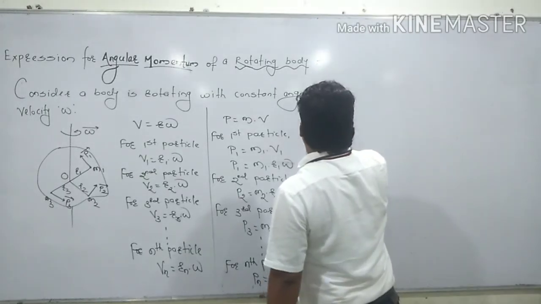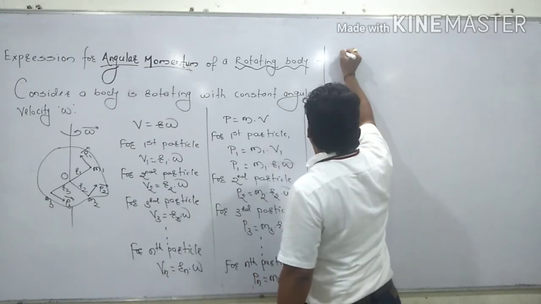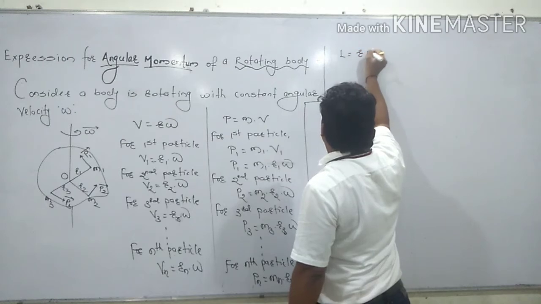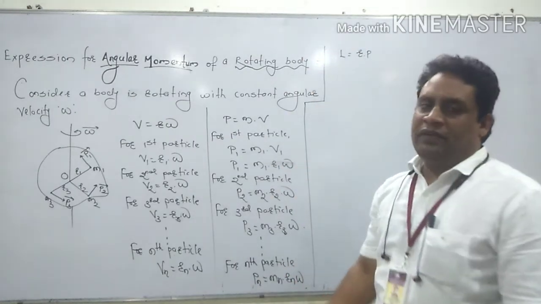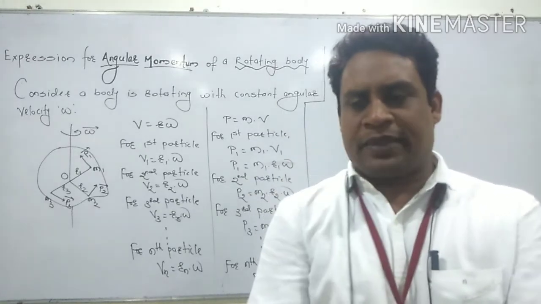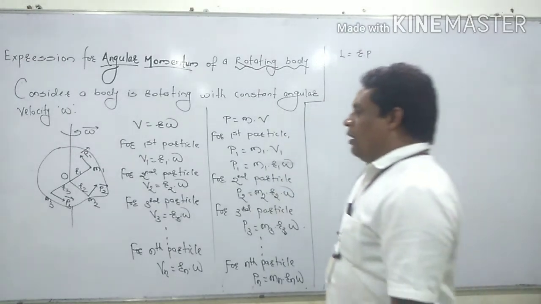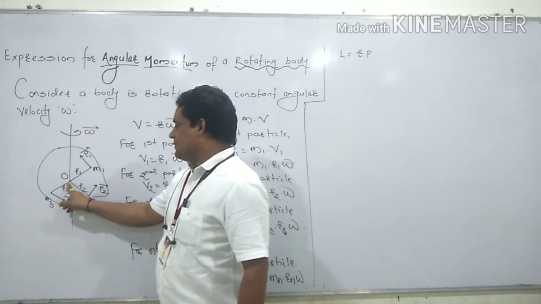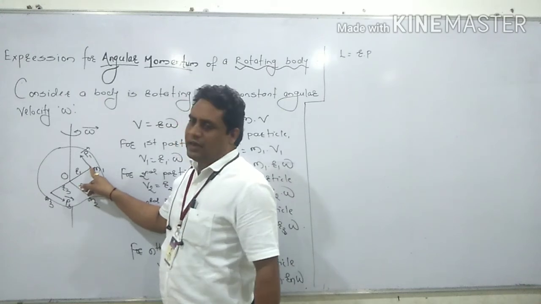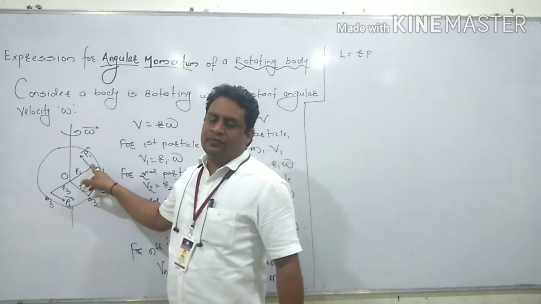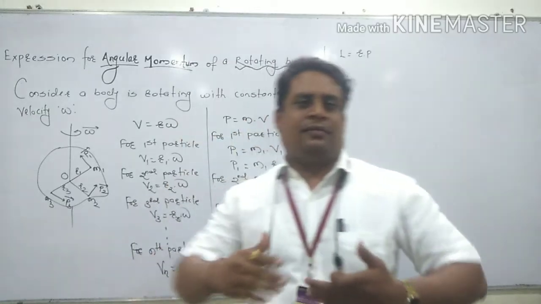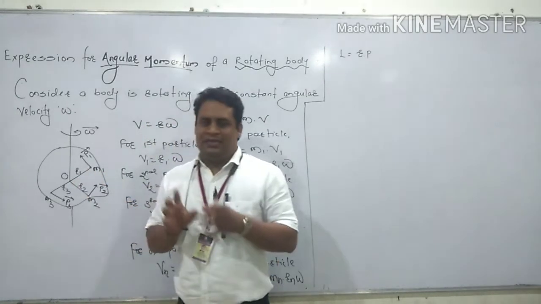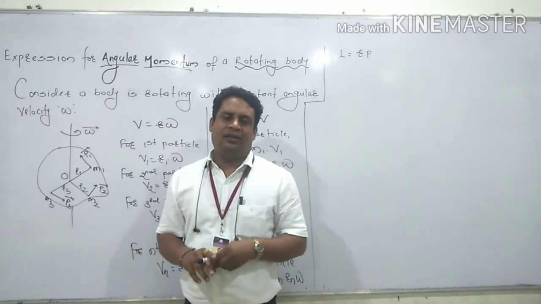Now there is a relation between linear momentum and angular momentum. Angular momentum is denoted by L, and L is equal to R P is the relation between angular momentum and linear momentum. Angular momentum is observed at the center, that is at the axis, and linear momentum is observed at the point at which the particle is situated, and this particle is performing circular motion.